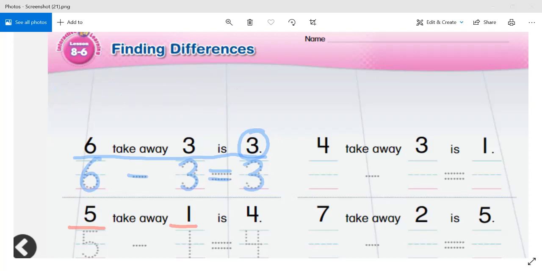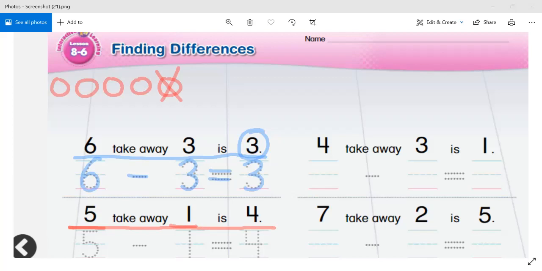How many fire engines are left? So let's draw 5 counters to show 5 fire engines. And then 1 drives away. So we're going to put an X on the one that drives away. So 5 take away 1 is 4.